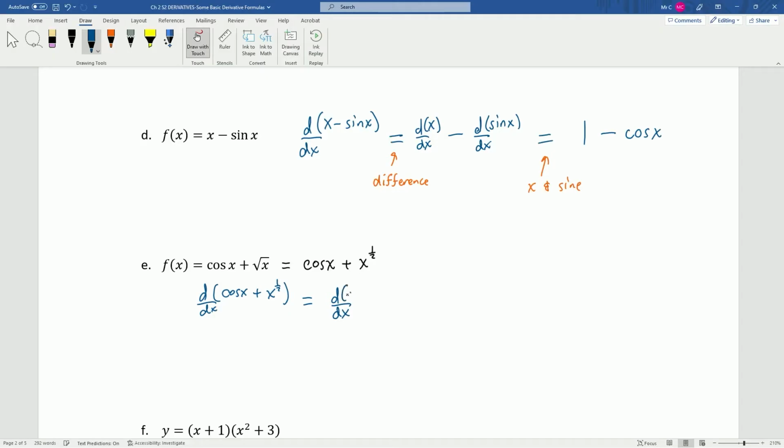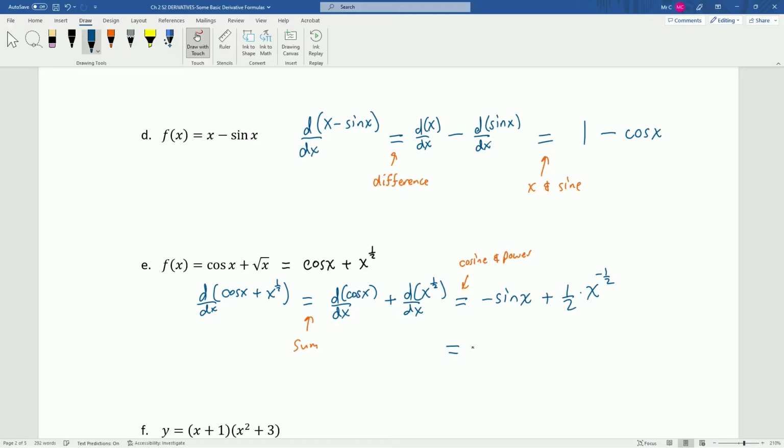So we'll split up the sum. So that's our sum rule. And the derivative of cosine is negative sine of x. And the derivative of x to the 1/2 is 1/2 times x to the negative 1/2. So this is the cosine rule and the power rule.